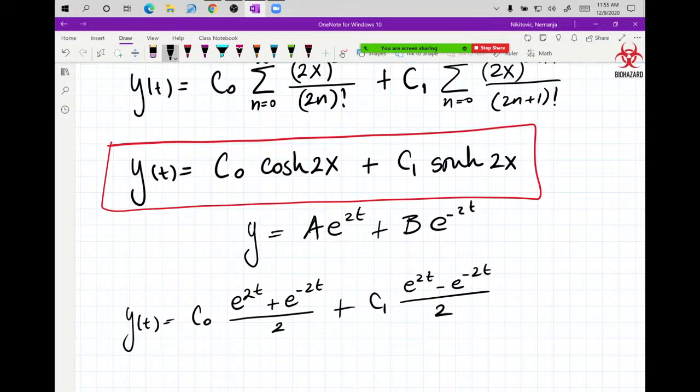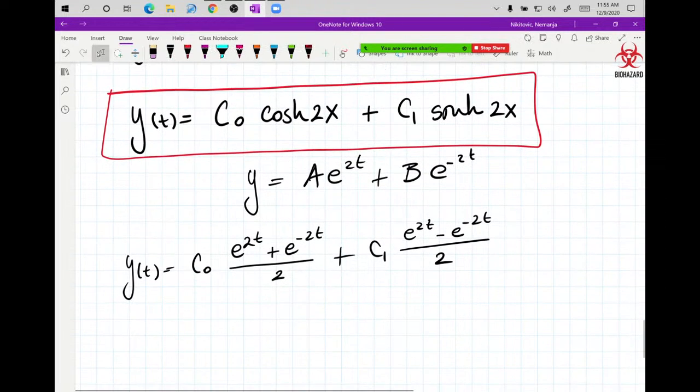So how are you going to tell me that these are not the same? They are the same. Because when I distribute all the c zeros and 2's and collect the e terms, you get exactly this form. Now, a and b are going to be different coefficients, different numbers than c0 and c1.